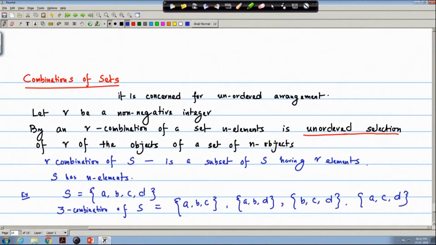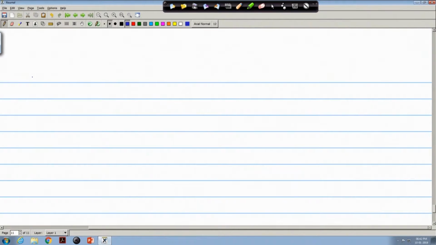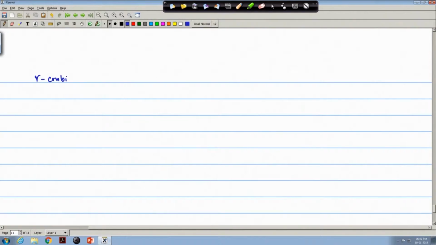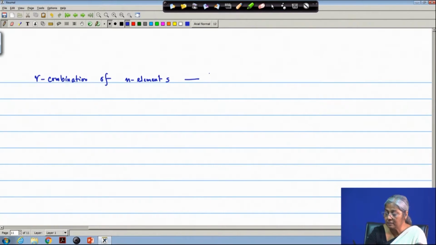So, this is the difference from permutation. Normally we denote the R combination of n elements as nCR, or sometimes n choose R, and sometimes we write it in this way also.